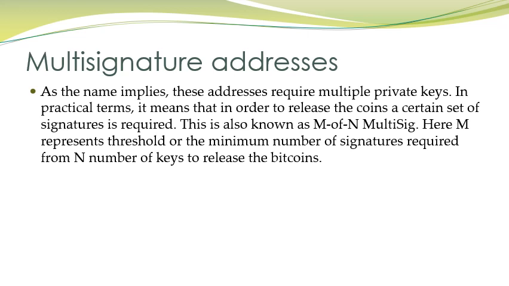How many signatures are required? That is M of N, meaning we require M signatures out of N. M is the threshold: a minimum of M signatures are required to sign the Bitcoin transaction. So here M represents the threshold, or minimum number of signatures required from N number of keys to release the Bitcoin.